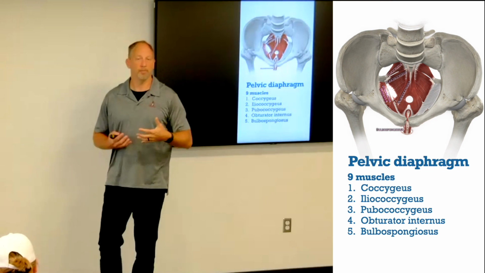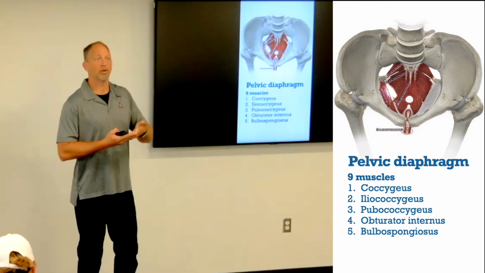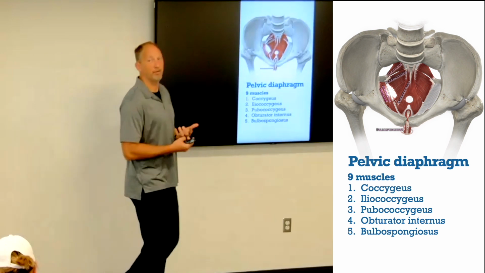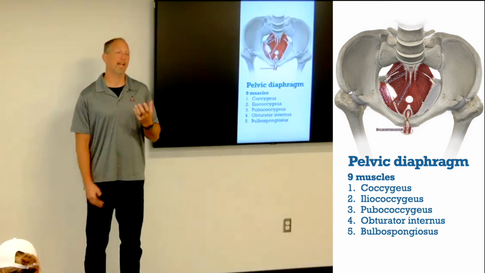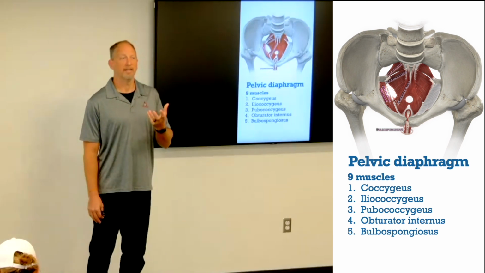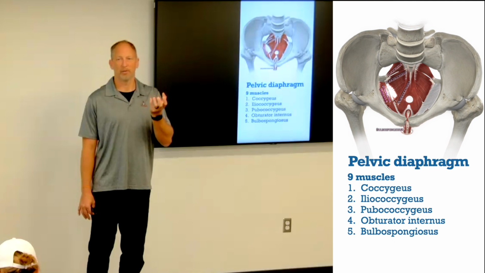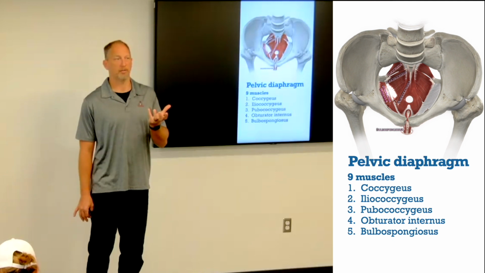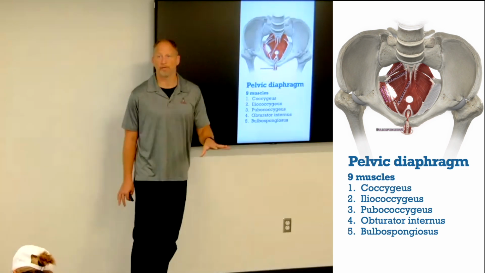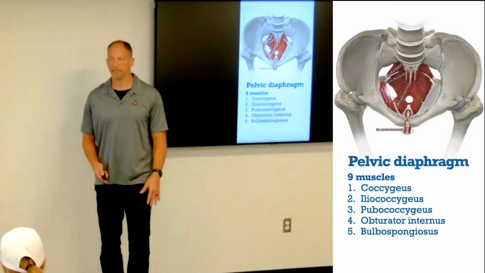So they run in different places and create this floor, and they all have to do different things. And then they all have to work together to do their different things. So that's why pelvic floor issues are so prevalent. It's not a pelvic floor issue, it's a group project issue. And if one person in the group's not doing his job, the entire pelvic floor is going to be compromised.